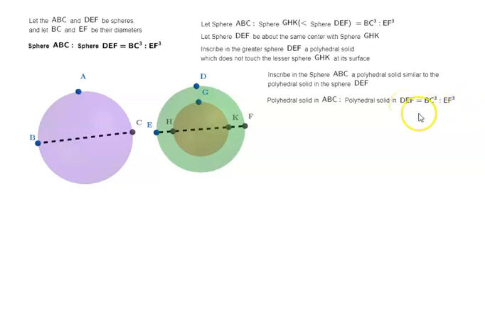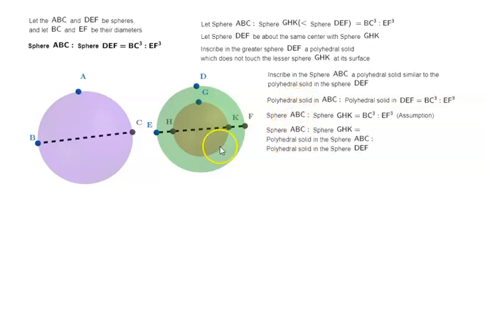And here we started off by saying that sphere ABC is to sphere GHK is equal to the triplicate ratio of BC is to EF. So if you look at these two, then the right hand sides are equal. That means the left hand sides must also be equal.